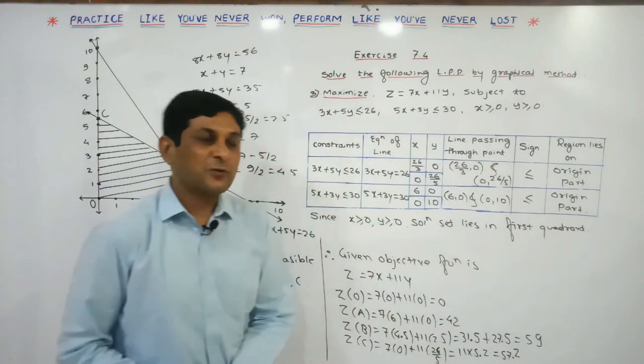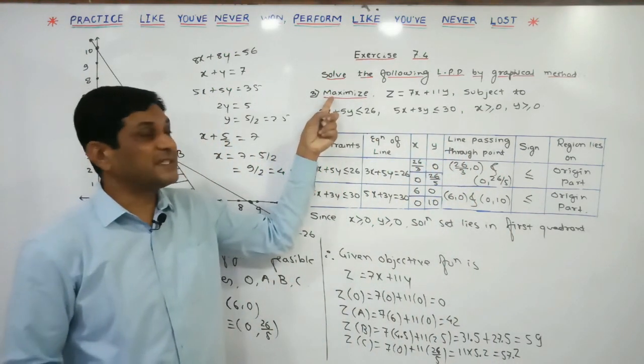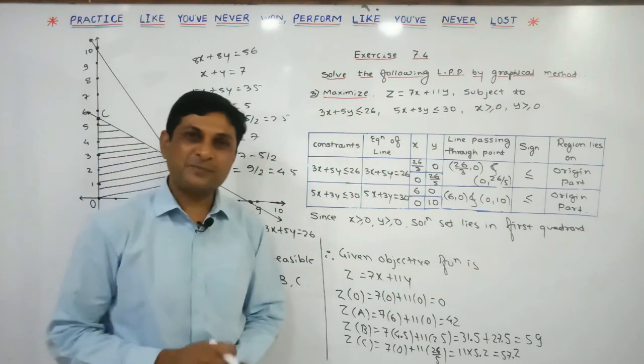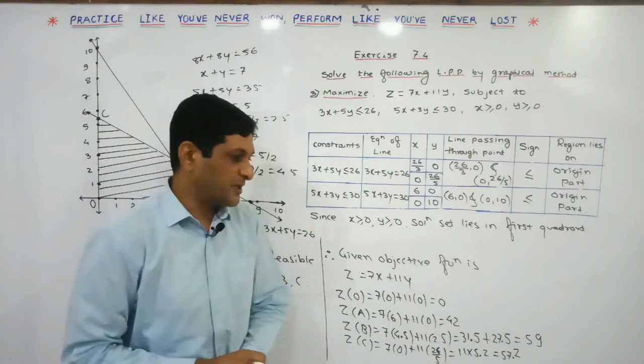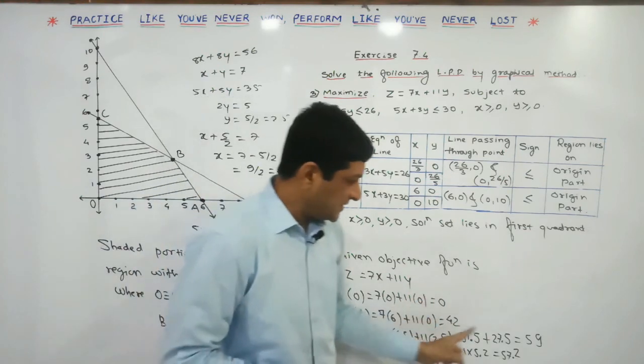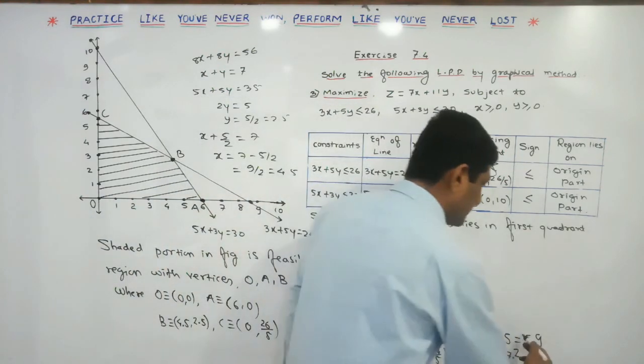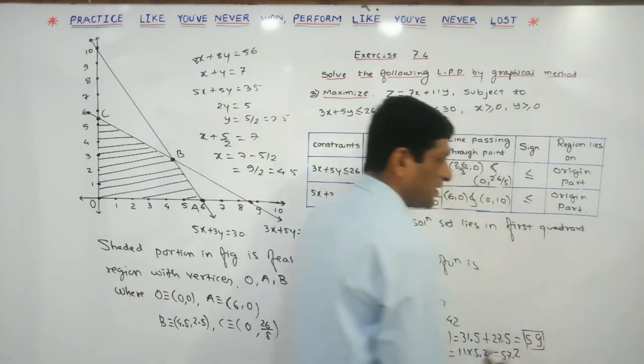As it stands, our question is to find what? Maximize. The question is related to maximize, which means we have to find the maximum optimum solution. If you observe these 4 values, we can easily see that the maximum value is 59.